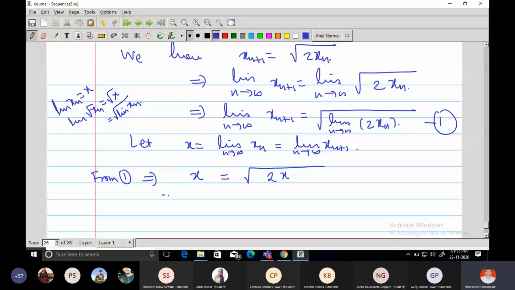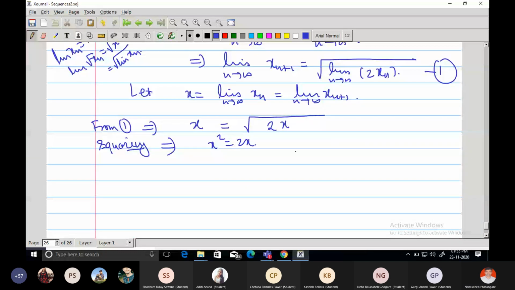Now squaring this, what do we get? Correct? Yes. Is it true?